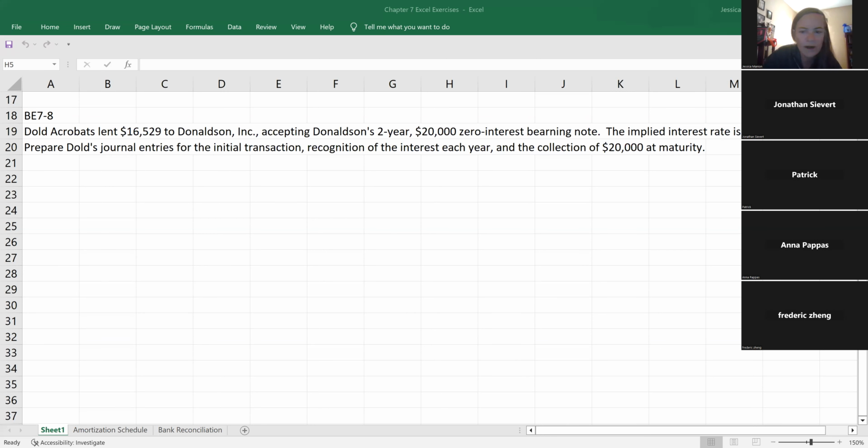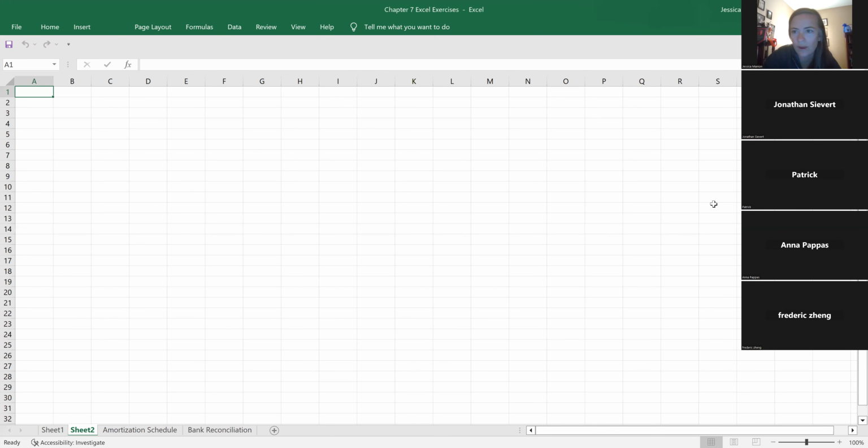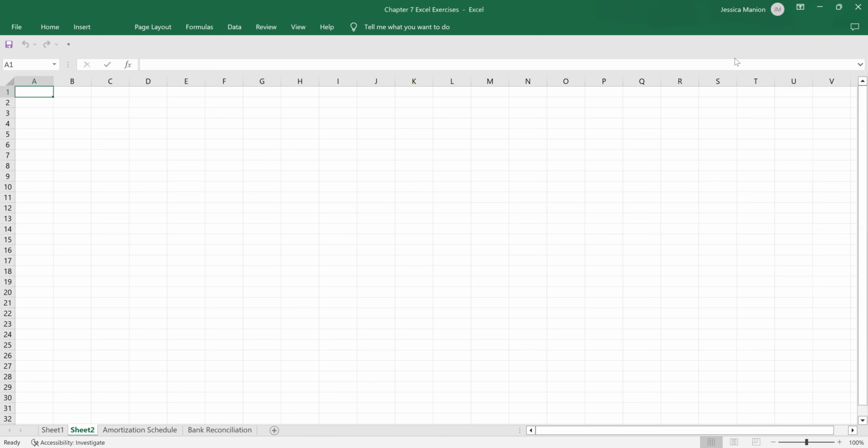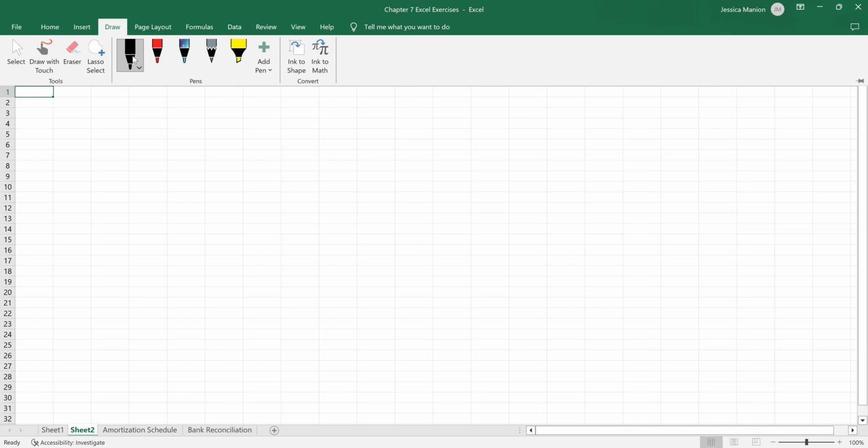So let me share my screen with you and I'm going to get this Excel file pulled up. Okay, so what I want to do is add a blank sheet here real quick, and then take some quick notes. I did tell you guys already that we were going to be going over notes receivable, right? And so remember, notes receivable, similar to accounts receivable, are an asset.